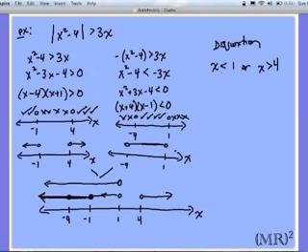So this side will work. And when x is bigger than 4, let's say 5, 5 squared is 25, minus 4 is 21, and the absolute value of 21 is 21, and 4 times 3 is 12, and 21 is bigger than 12. So here my solutions are x is less than 1 or x is greater than 4.